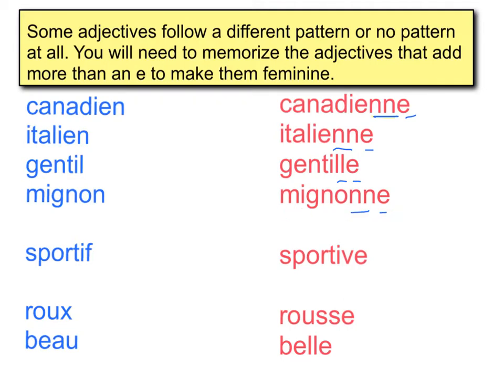Okay, now the next one is kind of in its category by itself because we don't have any other examples of words changing like this, but it's not the only one. So if it ends in an F, it's going to change to V and then add an E. So we have sportif becomes sportive.